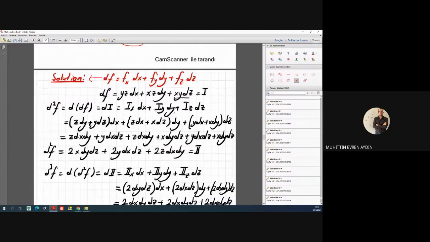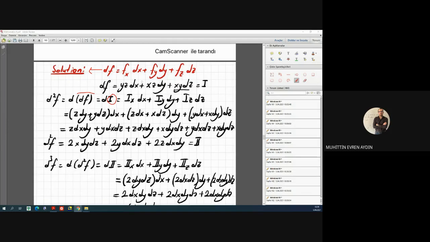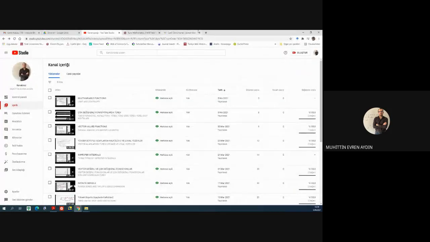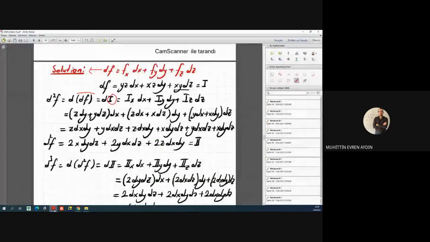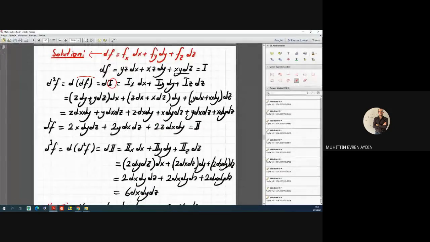And for the second order derivatives, let's write df as I.